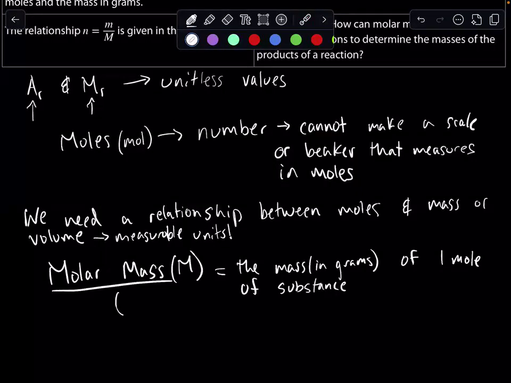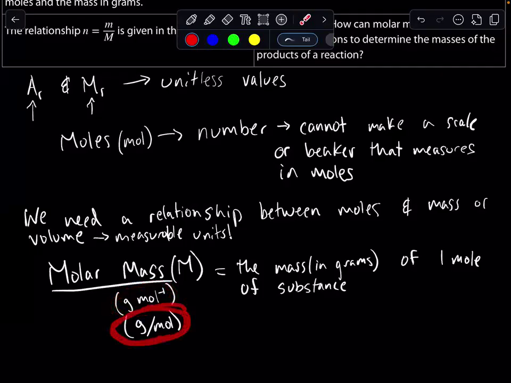Molar mass itself has the units of grams mole inverse. In other words, grams per mole. You'll notice the IB likes to put everything on the same line, but I think for clarity's sake, I like using division symbols and fractions even in my units. So grams mole inverse and grams per mole, same thing.